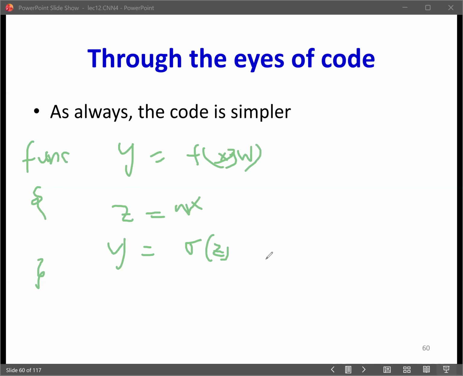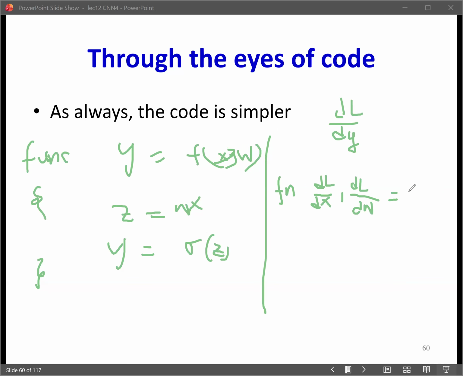Now I give you dl over dy. I want a function that returns dl over dx, comma dl over dw, given dl over dy.